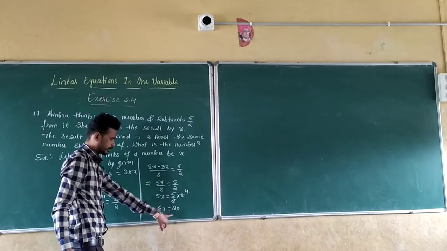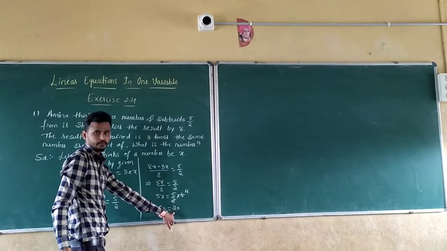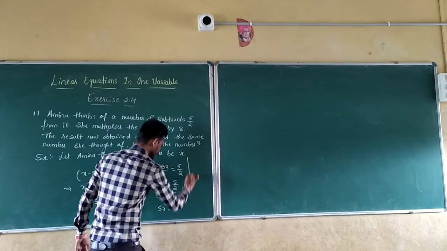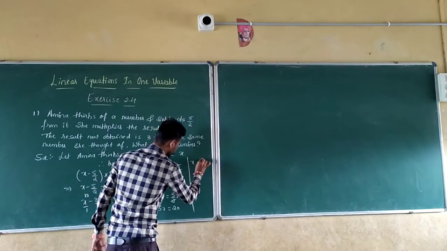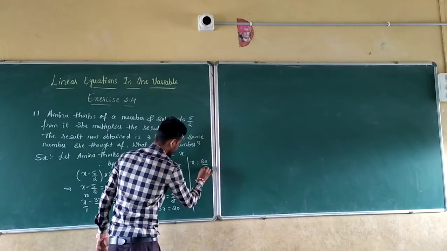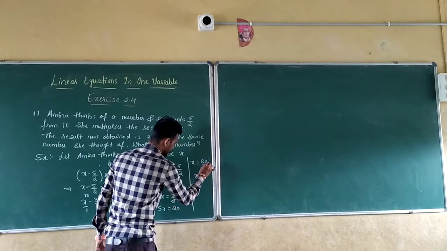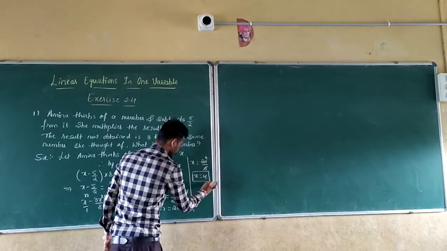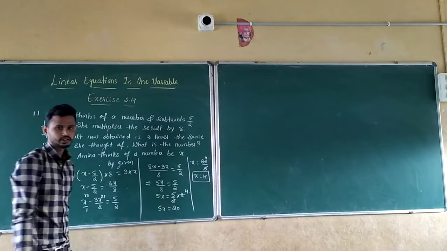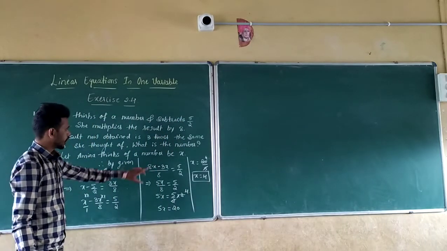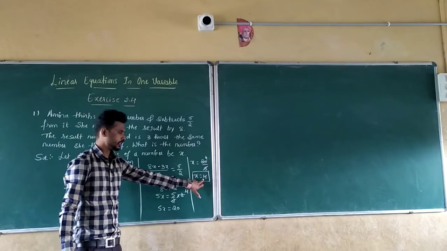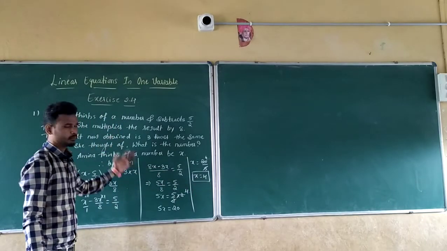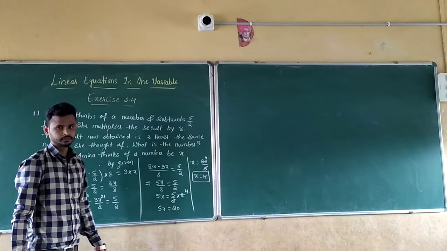Now 5x here multiplication, take that to the RHS, that will become division. So what will you get as the answer now? x equals 20 by 5. Therefore x equals 4. That is, Amina thinks of a number that is 4. So this is the solution of the first question.